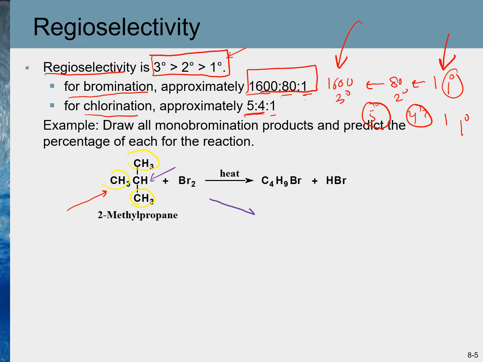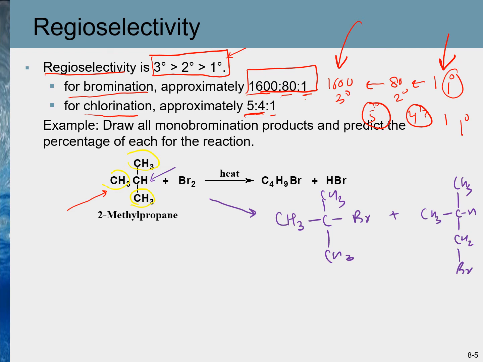So either we will get tertiary bromo product, or we will get a primary bromo product. We need to find the percentage of both of them.